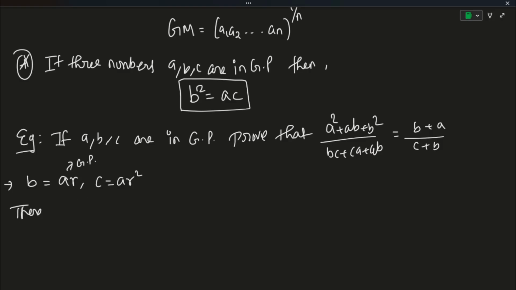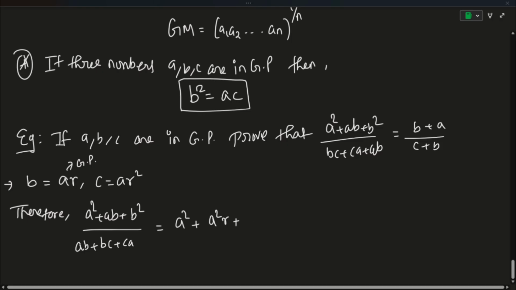Therefore, अगर ये GP है और if I know the values of B and C in terms of A and R, I can write A square plus AB plus B square by AB plus BC plus CA is equal to A square का वैल्यू A square रहेगा, AB का वैल्यू बन जाएगा A square R and B square का जो वैल्यू है वो बन जाएगा simply putting the value of B which is A square R squared.